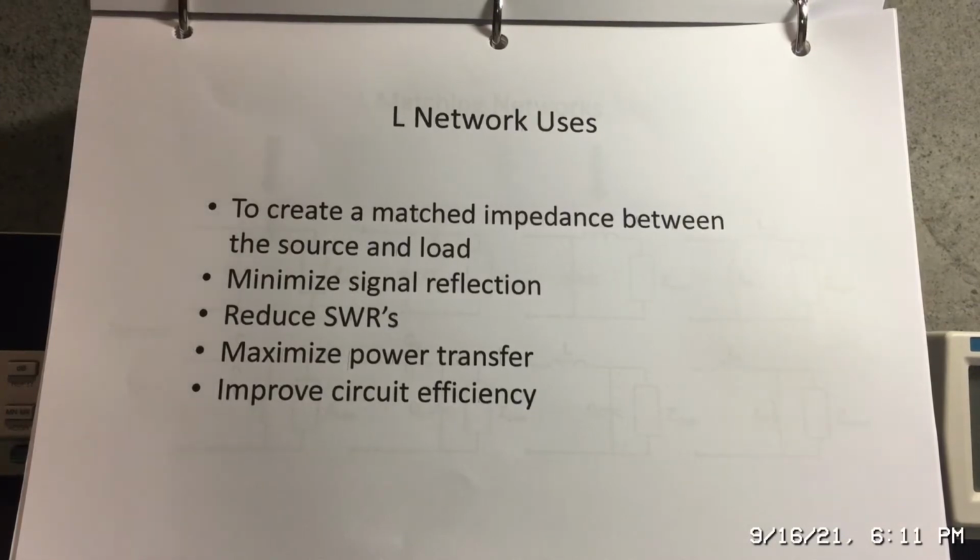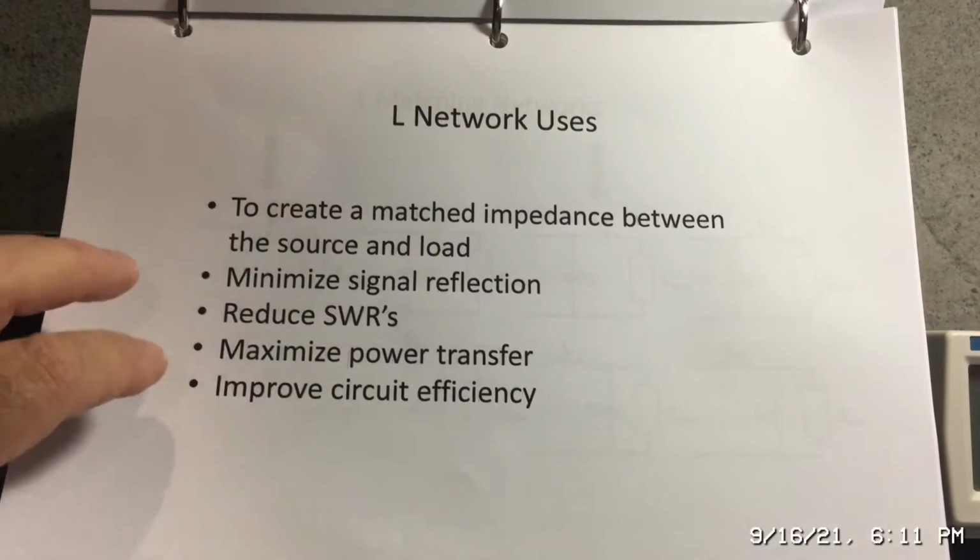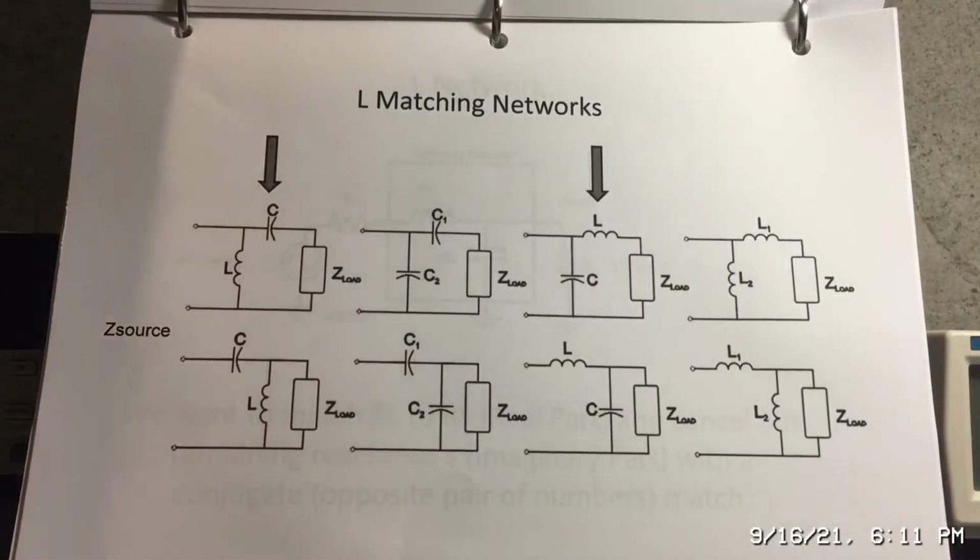It reduces the voltage standing wave ratio, and as we said, maximizes the power transfer, which ultimately improves the circuit efficiency. So these are the main uses of an L network, to match one impedance to another, or one load to another load.